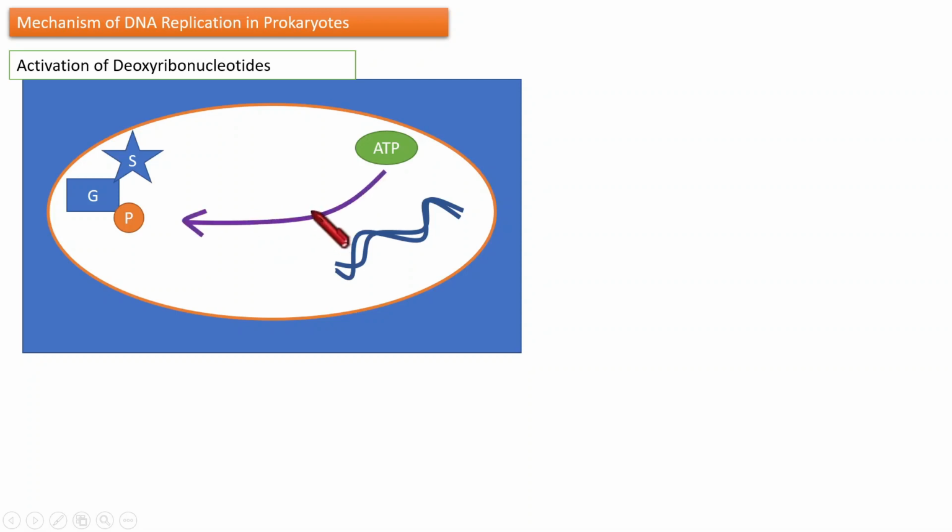It needs an agent, an enzyme, and its name is phosphorylase. With the help of this enzyme, two phosphate groups from the ATP are added here, and that way the deoxyribonucleotide is activated. Now it is carrying three phosphate groups, and after giving two phosphate groups, the ATP becomes AMP. So this is the first activation step.